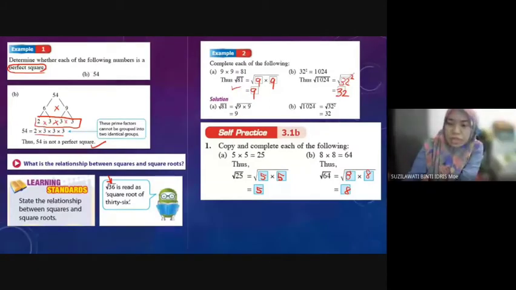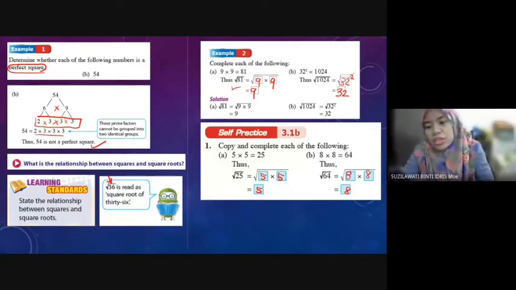Okay, when you can see the square root symbol, next you need to press 25. Press 25. Done? Okay, then press equal.